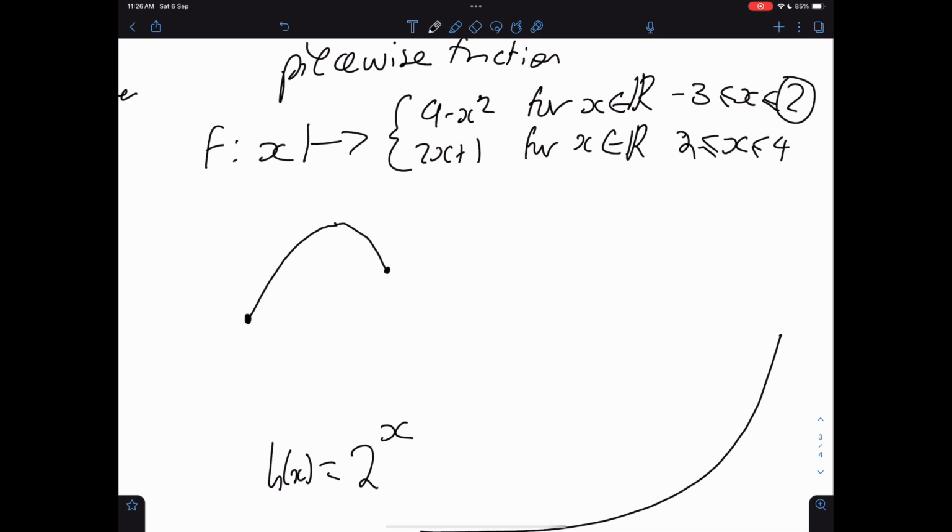Then at that we stop, and then we go for the 2x plus 1, that would be 5, and then we keep going up as a line like that.